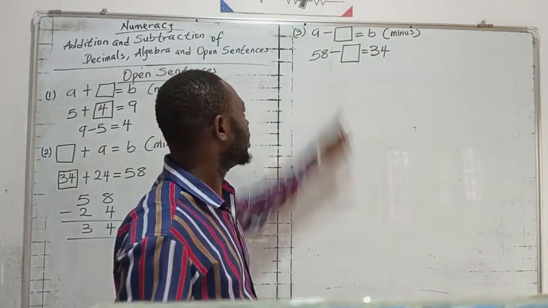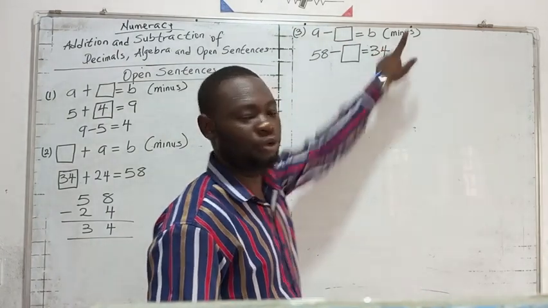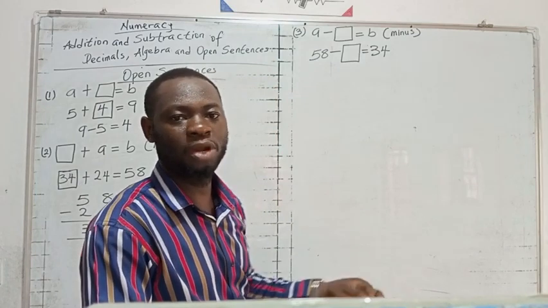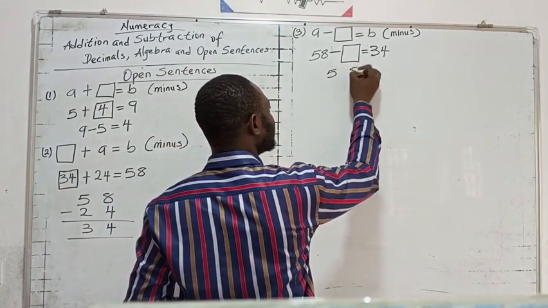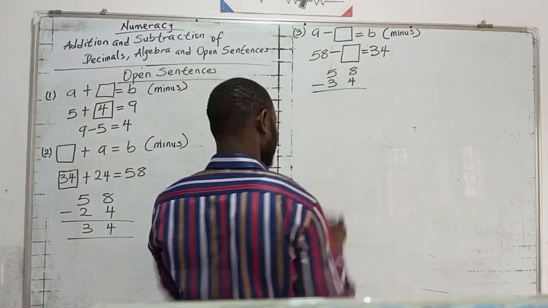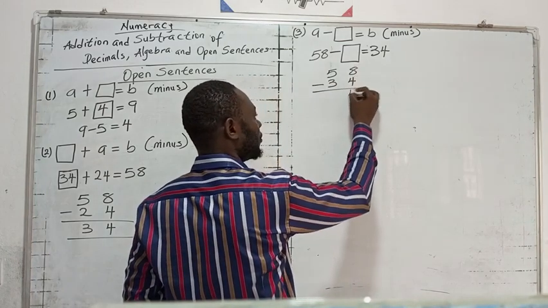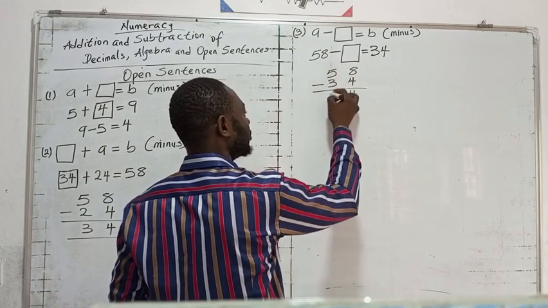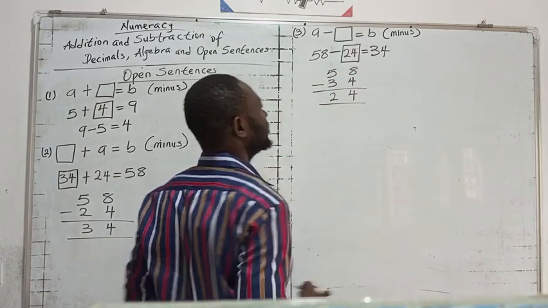And I said, whenever it is in this format, we minus. We always use the big number to minus the smaller number. So what we simply do here is 58 minus 34. 8 minus 4, 4. 5 minus 3, 2. Therefore, the missing number here is 24.